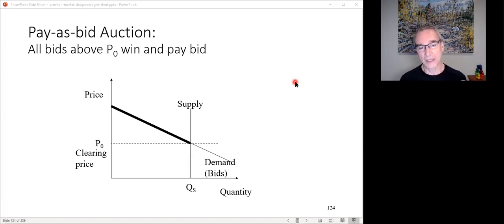But in all these, what the auctioneer does is draw the aggregate demand curve and cross it with the supply curve, which in this case is vertical, but it doesn't need to be. We find the clearing price, and then the bidders pay. These are the winners, everybody that's above the clearing price. These are the losers, and all the winners pay along their segment of the demand curve. So that's the pay-as-bid auction. Very simple.